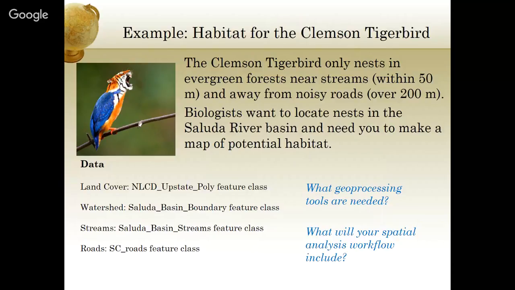NLCD is the National Land Cover Database. That tells you what type of, say, forest you have or if it's developed. We have a watershed boundary. We're only interested in looking in the Saluda River Basin. That's going to be our first area of interest. We also have a feature class containing streams in the Saluda Basin, and we have road data for all of South Carolina.